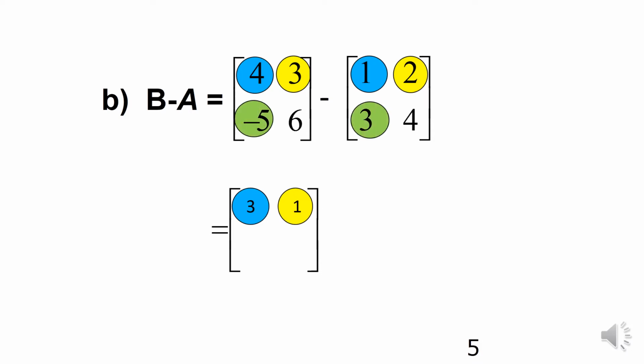Next we have negative 5 minus 3 equal to negative 8. And for the last one, 6 minus 4, we have 2. So the answer is 3, 1, negative 8, 2.